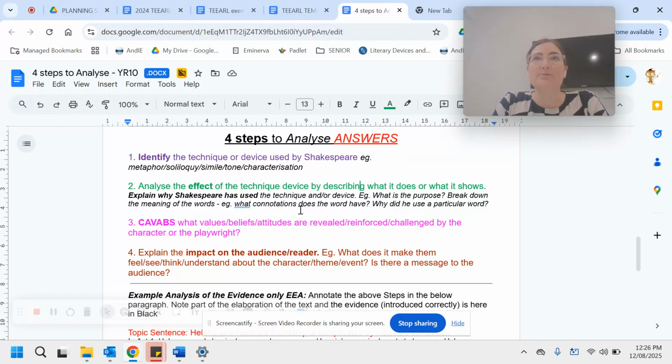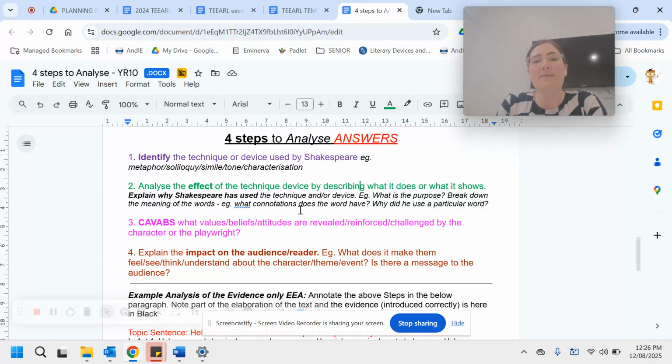You need to break down the meaning of the words. So, for example, if Helena is calling herself a spaniel, why is she doing that? So she calls herself a spaniel. Well, a spaniel's a dog. What are dogs like? Well, they're loyal, they're obedient, they're disciplined, they love you regardless. Okay, they're very forgiving. So why does she call herself that? Well, she wants him to think that all those traits that will apply to a dog also apply to her and her love.